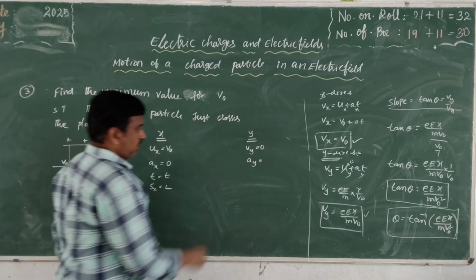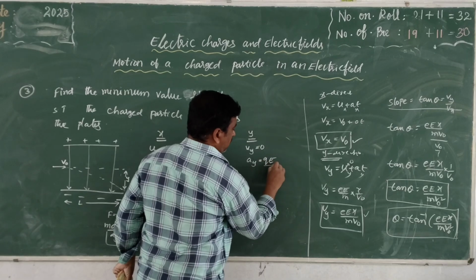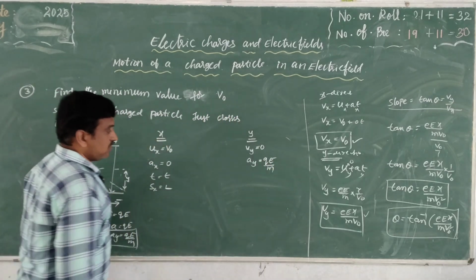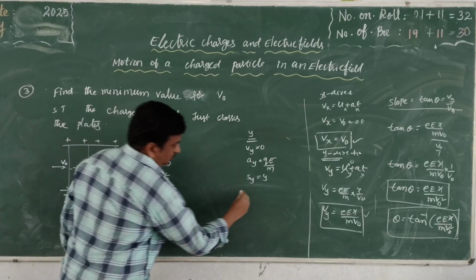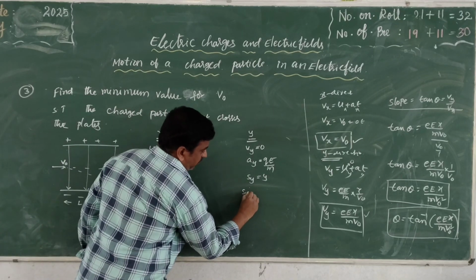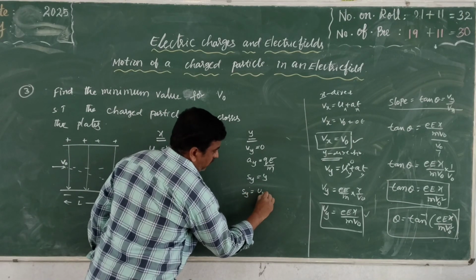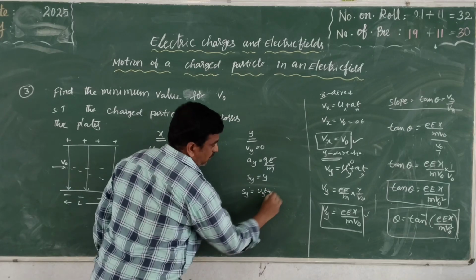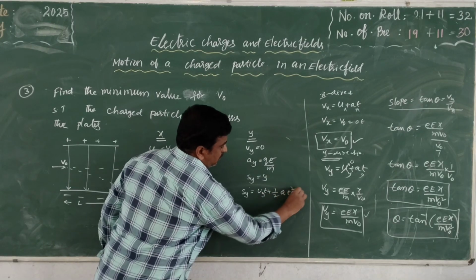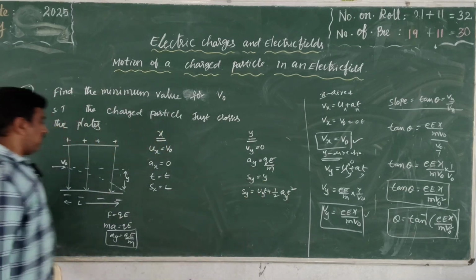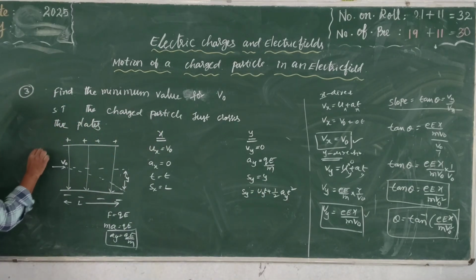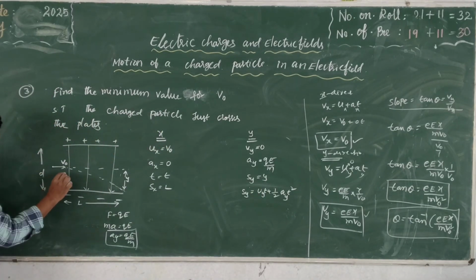Along y axis displacement is y. We can write Sy equal to u y t plus half a y t square. Here the distance between the plates is D, and this distance is D by 2, they gave in the problem.